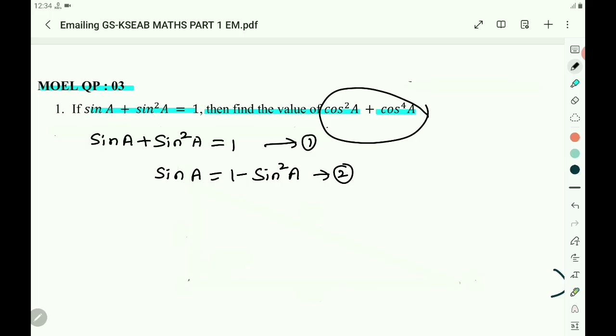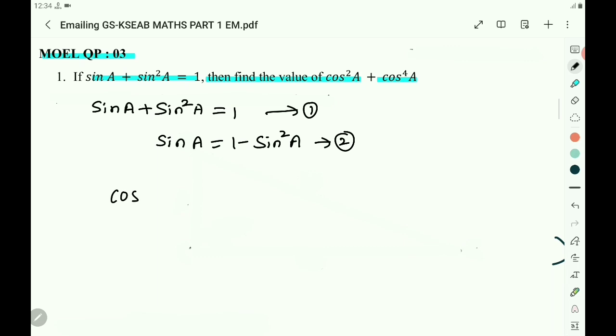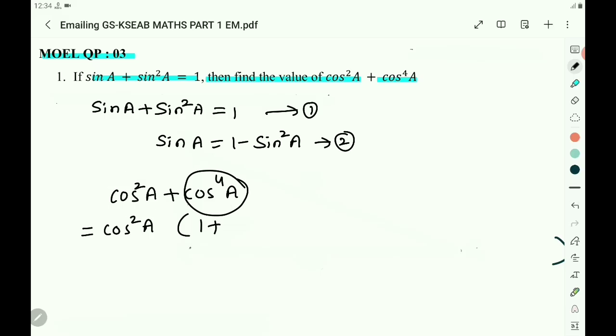Now here we have to find the value of cos square A plus cos power 4A. Remove cos square A common. Equals cos square A, and in the bracket, 1 plus cos square A is outside, so cos square A into cos square A is cos power 4A.